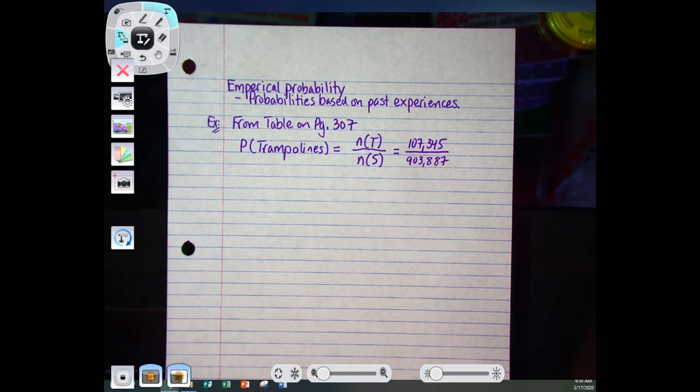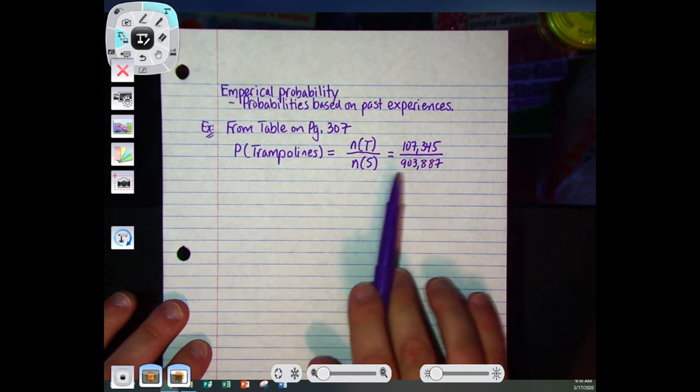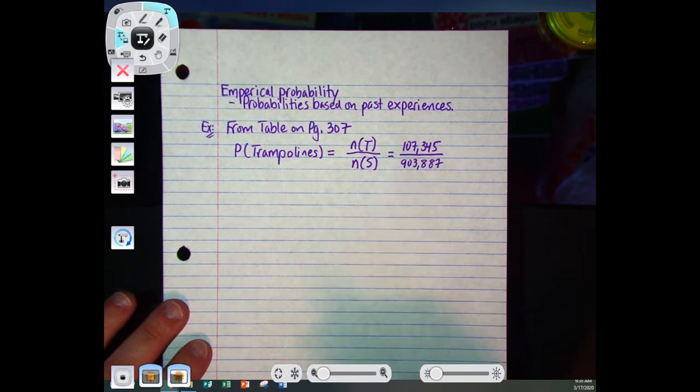Okay, now, do we really want to simplify this fraction? I don't. I don't think you do either. So instead of simplifying the fraction, this is where we would consider writing the probability as a decimal.